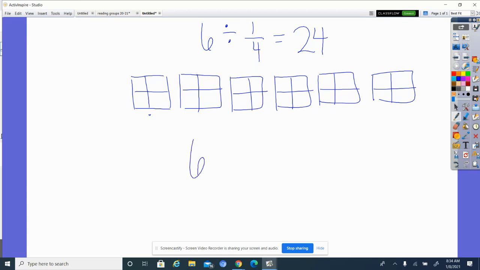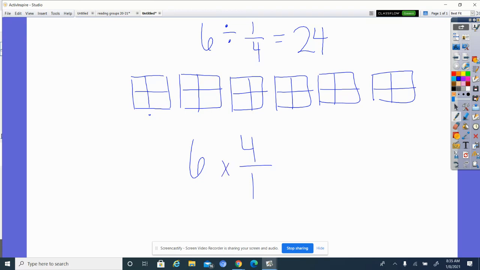We only invert what we're dividing by. So if I flip 1/4 upside down, what do I get? 4 over 1. Invert and multiply. Now what am I going to do? Okay, so I'm going to multiply it.